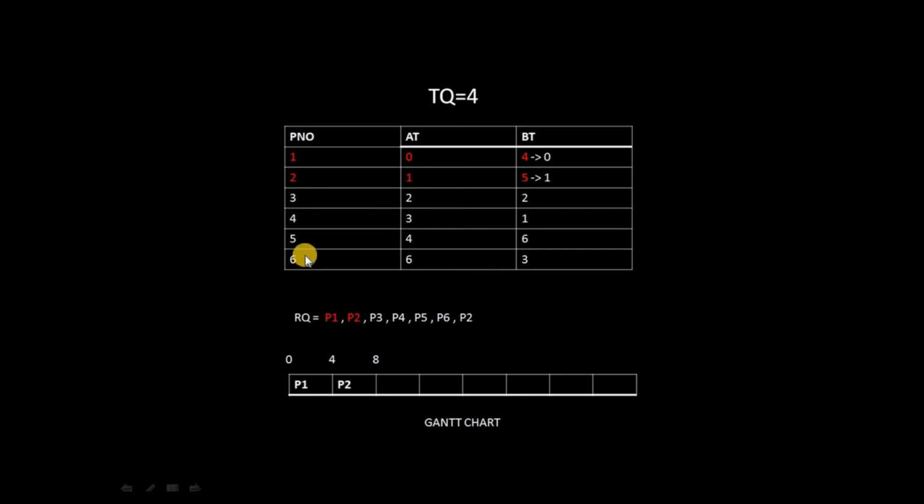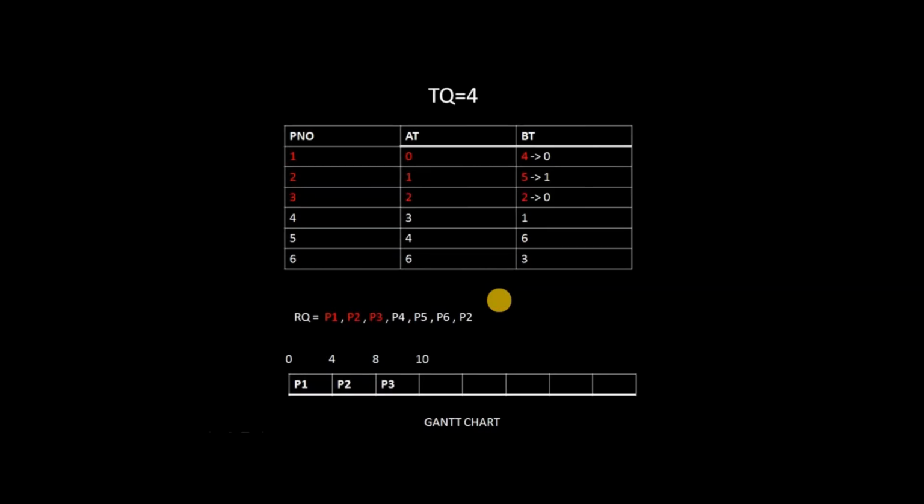Here process number 6 has arrival time 6, so we added this P6 into the request queue, and after the P6 we are adding P2. Why? Because P2 isn't over yet. After the first run P2 has the value of 1, so we have to calculate it again.